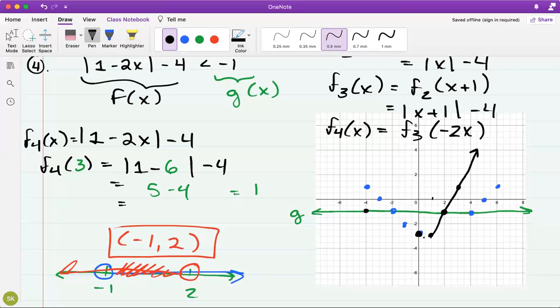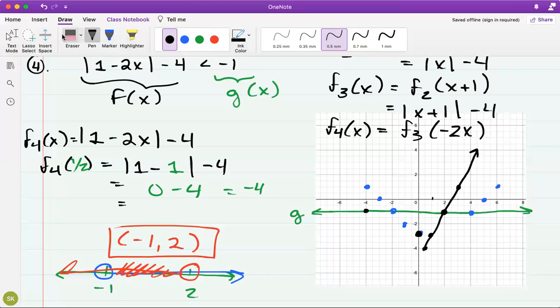So what's happened here is actually we have a vertex at 1/2. So if you plug in 1/2, you get 1 minus 1, which is 0 minus 4, which is negative 4.